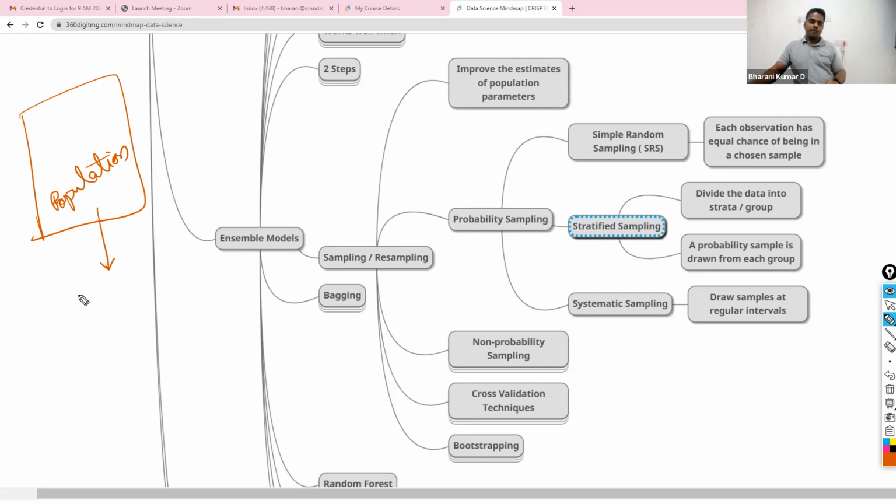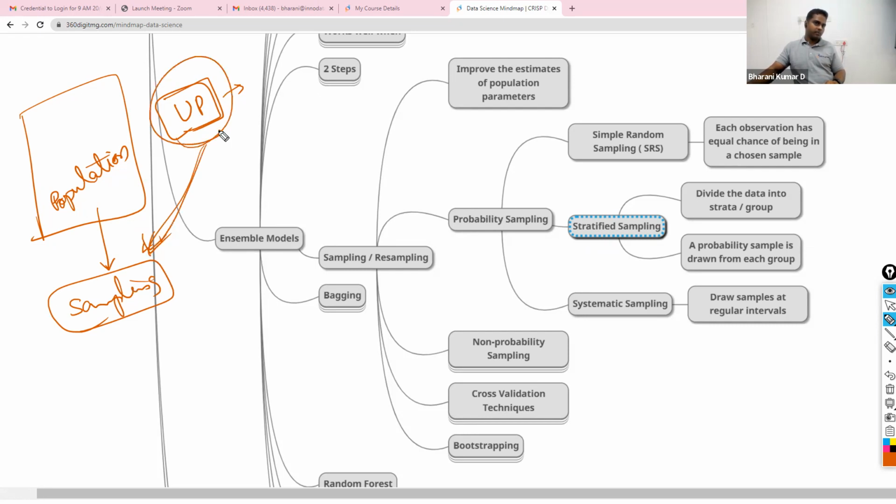From this, when you want to do sampling, you might say that in Uttar Pradesh the percentage of population is very high, so in my sample also I'm going to have a very high percentage from UP. In Goa, the density of people is probably less, so the number of people you choose for sampling will be less.